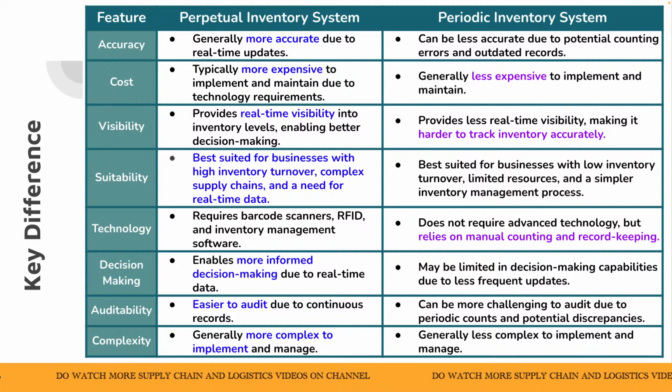Setting up a perpetual inventory system is a complex thing, because you need to see how many ways an inventory can come in, and how many ways it can go out.